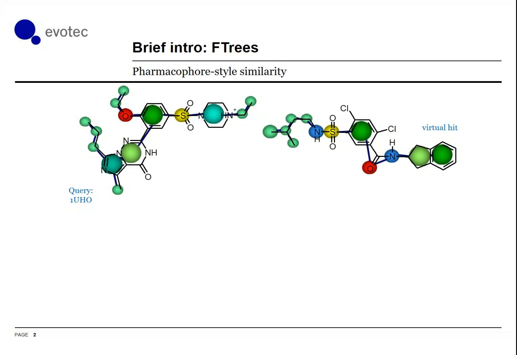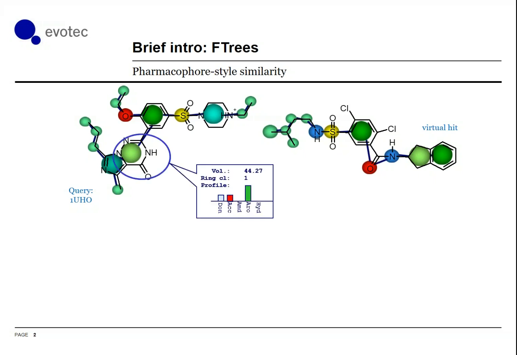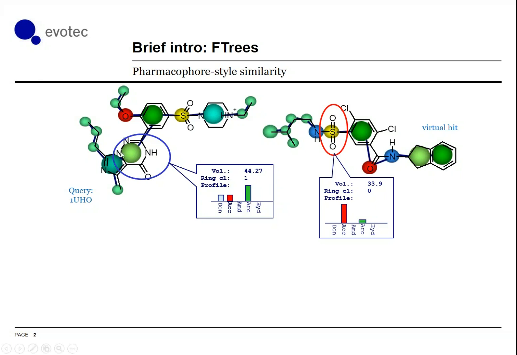And you see that these nodes of the feature trees have colors, and the meaning of the colors is quite obvious. It is the pharmacophore profile of the underlying substructure that is represented. So, for example, the ring on the left-hand side has a donor and an acceptor, and it's aromatic in nature, has a certain volume, and the indicator that there is a ring.